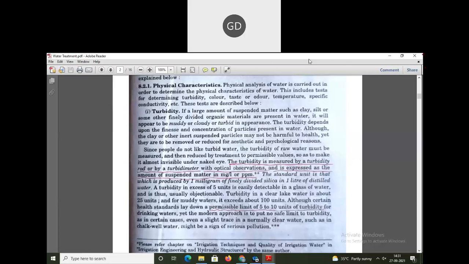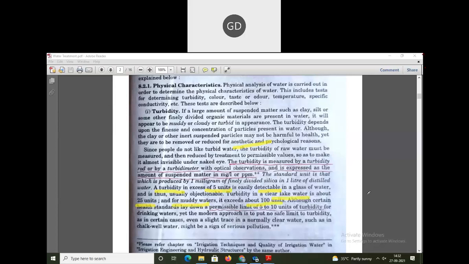So remember that for turbidity to be detectable by the naked eye in a glass of water, it should be in excess of 5 units. For muddy water, it will exceed 100 milligram per liter.